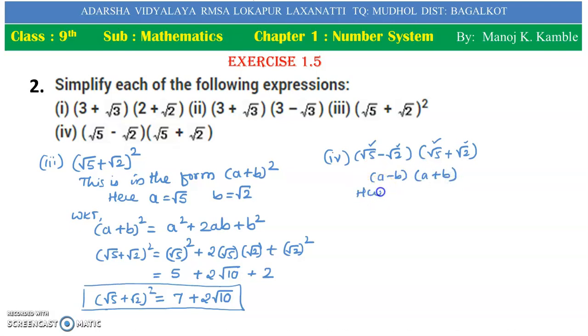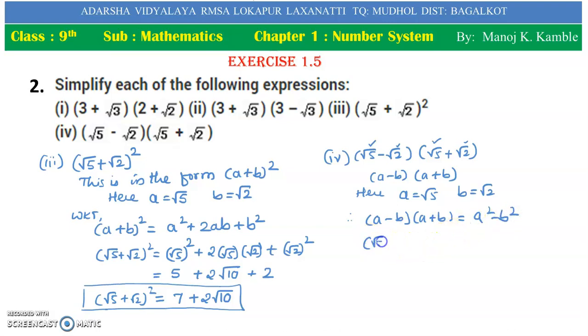Here a is equal to root 5 and b is equal to root 2. So we know that a minus b into a plus b is equal to a square minus b square.